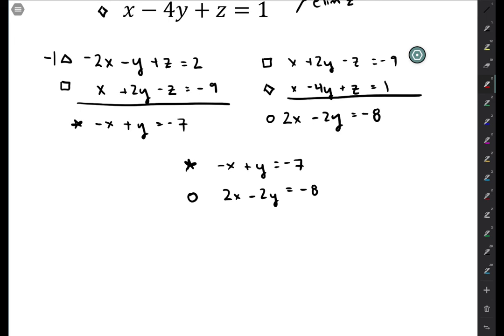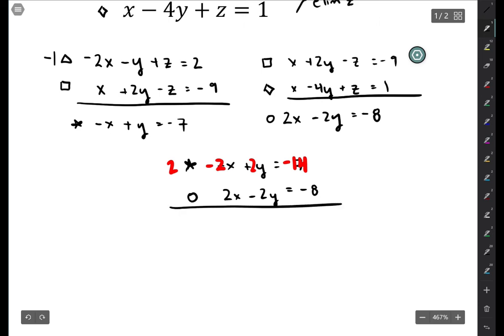If I multiply star by 2, that's going to become -2x plus 2y equals -14. Let's see what happens here. Our x's cancel, our y's cancel. So we're left with 0 equals -22.